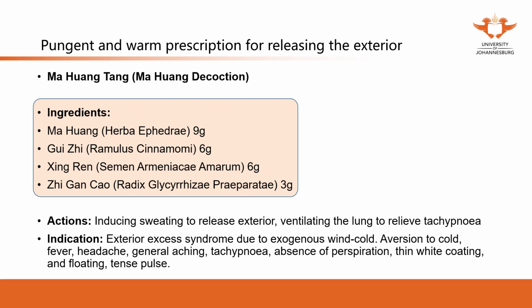As you can see from these three clauses, the author emphasized the pulse, floating and tense pulse, and absence of perspiration. The patient may present with bleeding, different types of bleeding. Why does the author always emphasize bleeding?